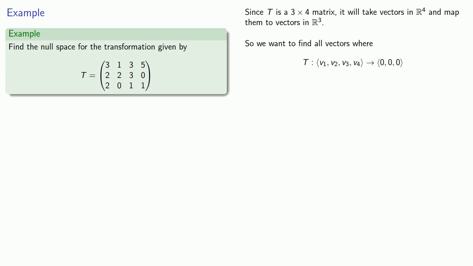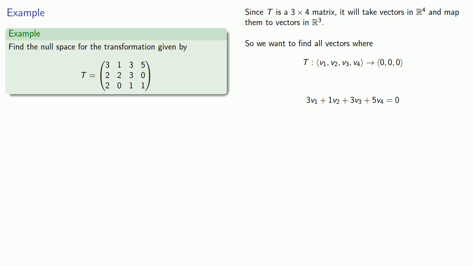I can read the coefficients of the transformation matrix as the formulas that tell me what those 3 components are going to be. The first row tells me that 3v1 plus 1v2 plus 3v3 plus 5v4 is going to be my first component, and since I'm looking for the null space, I want that first component to be 0.